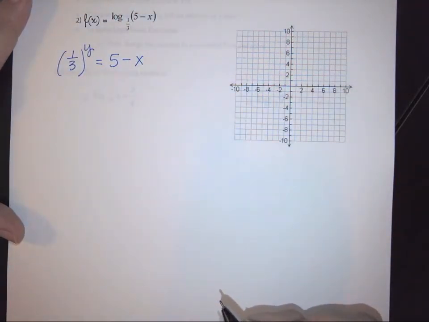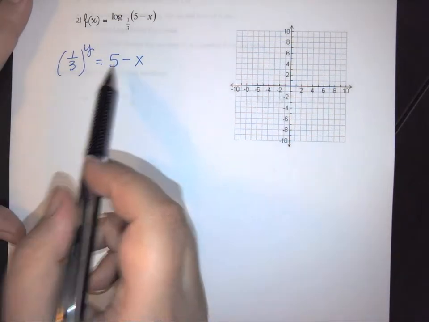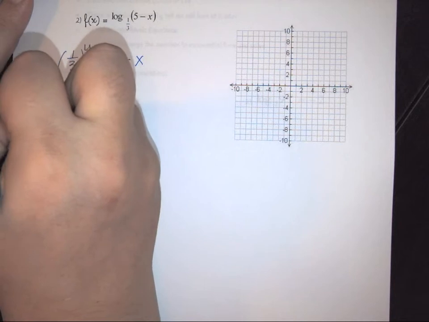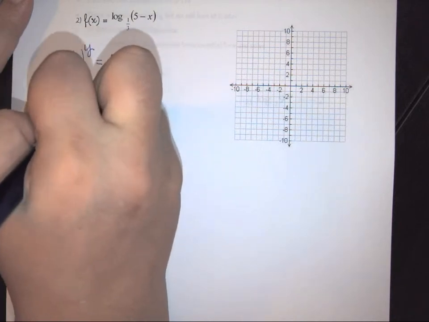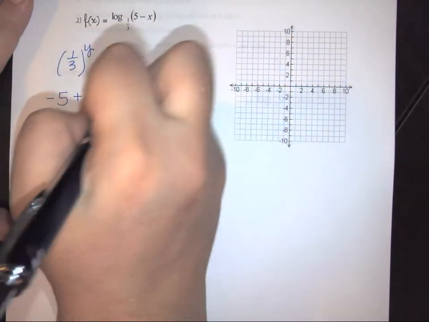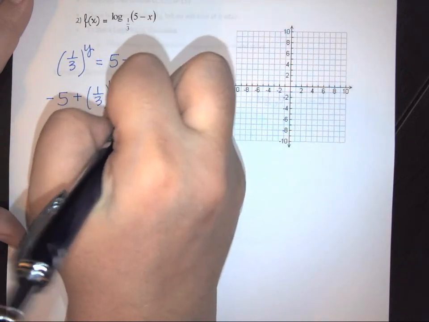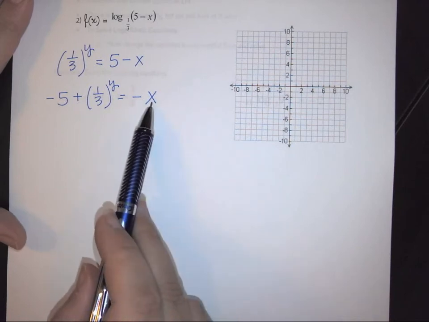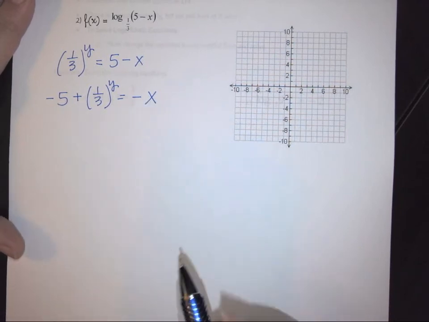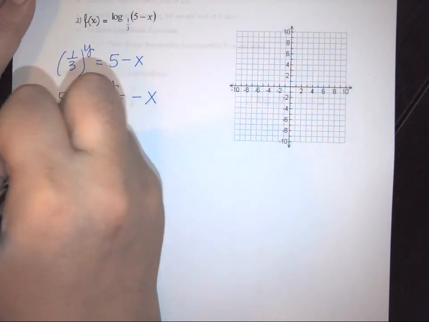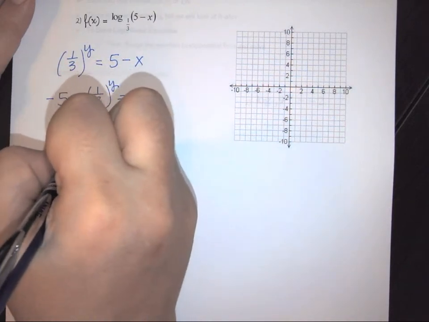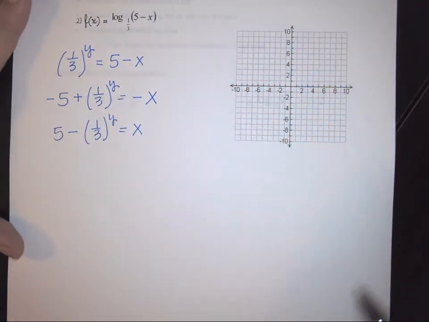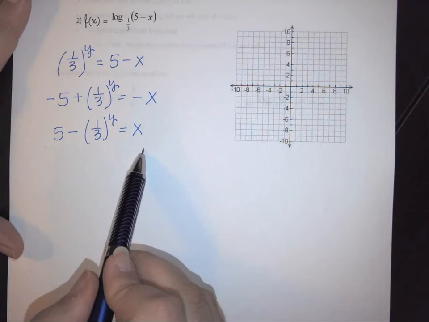But then we need to be able to solve for x, so I need to subtract 5 from both sides. So I have a negative 5 plus my 1/3 to the y is equal to a negative x, and you'll see why I wrote it this way in a second. And so now I need to divide everything by -1, so this becomes 5 minus my 1/3 to the y equals x.